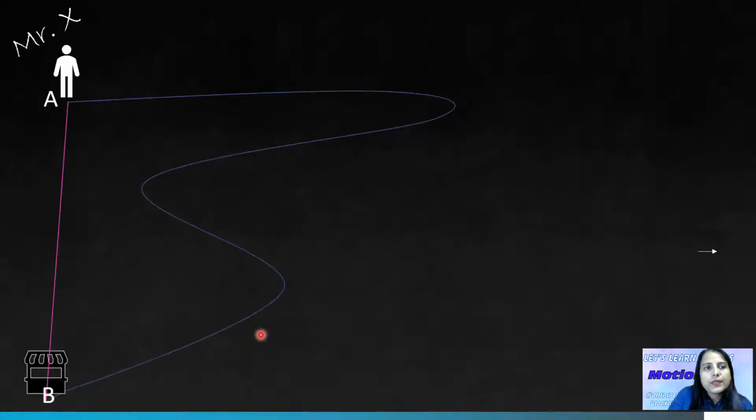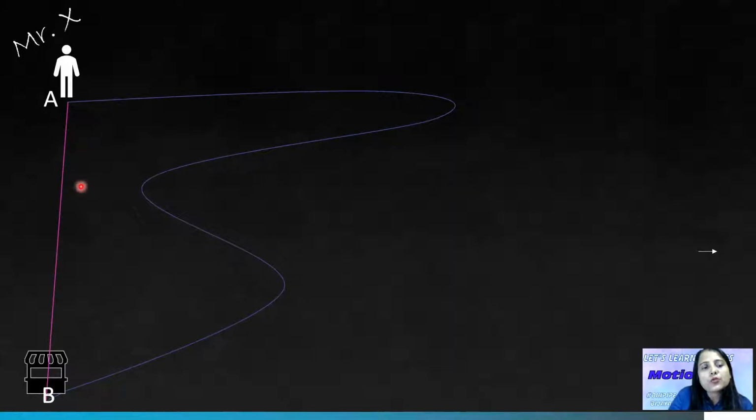What is that? Now Mr. X, again we are taking Mr. X. This time Mr. X wants to visit the ice cream parlor, but he is clever now. He won't walk all the way through the curved path. He has found out the shortest route for the destination.